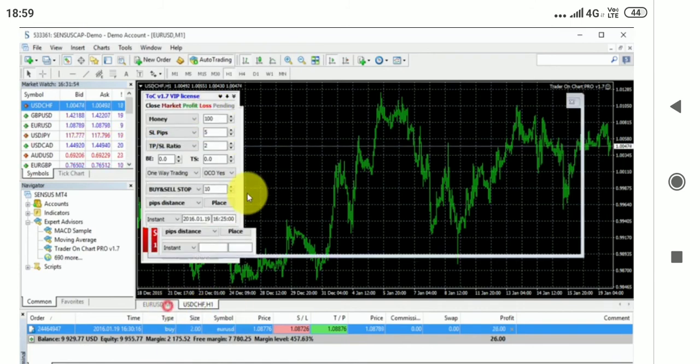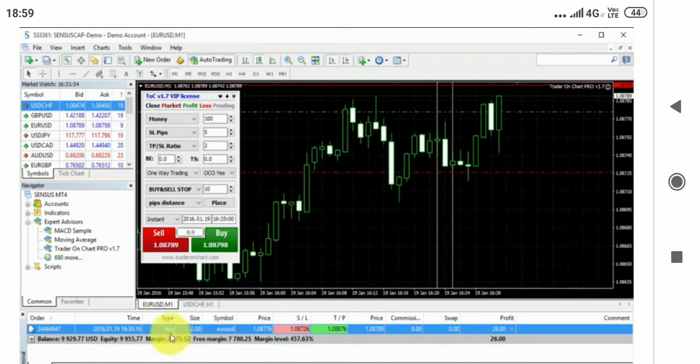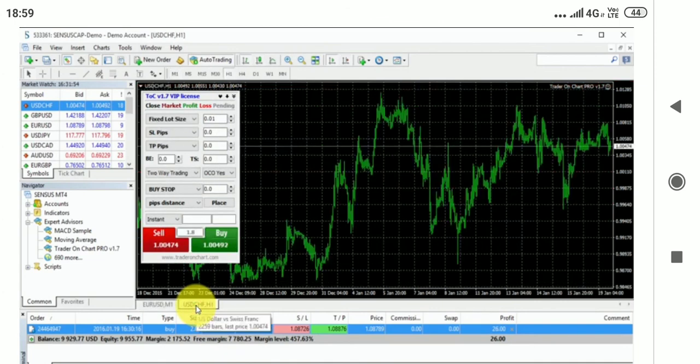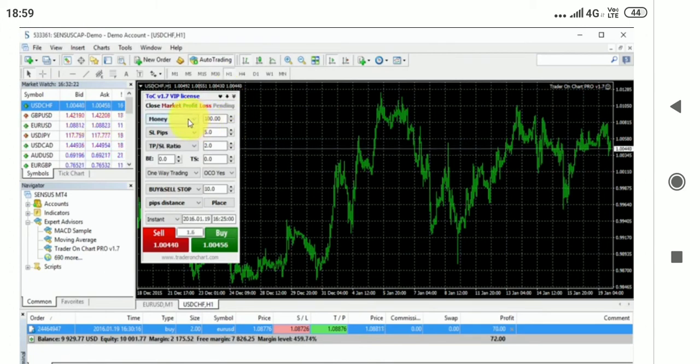So now I can even go to the euro dollar chart and click this little heart button right here. What this does is it saves the settings as defaults, and now if I go to another instance of the trader and chart and click this arrow right here, it will load the default settings. So as you can see, all the same settings were loaded from the previous instance of the euro dollar.